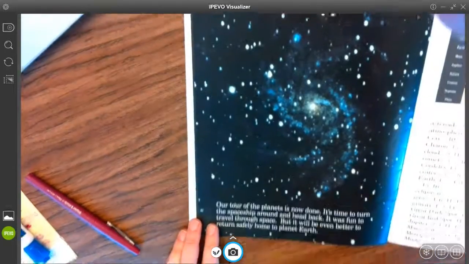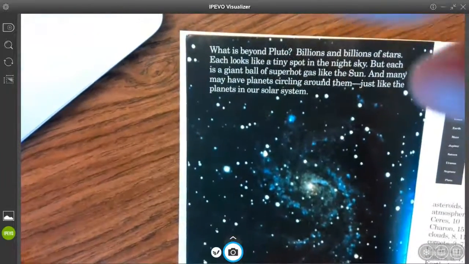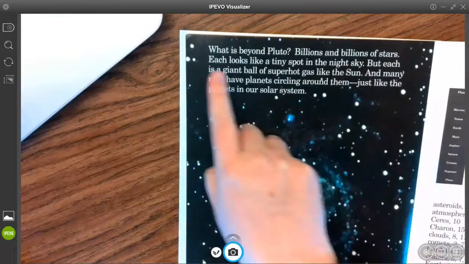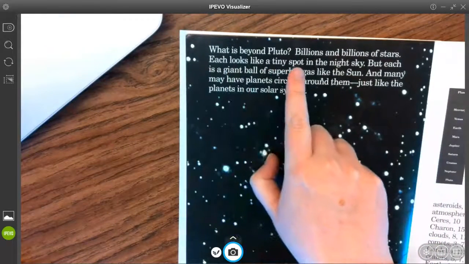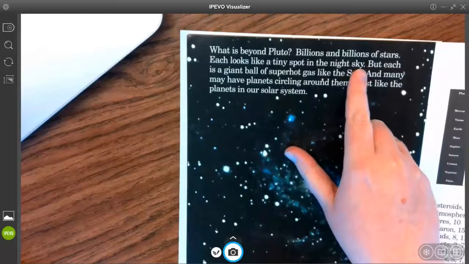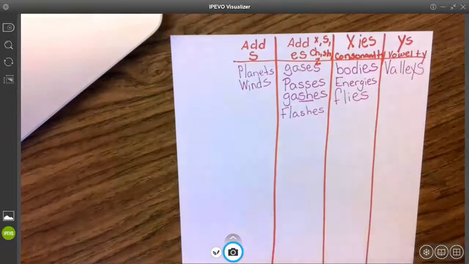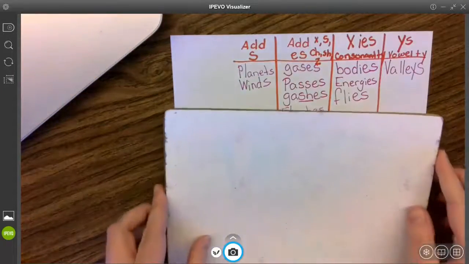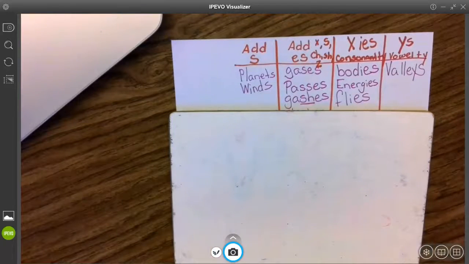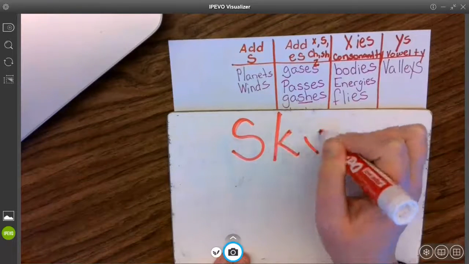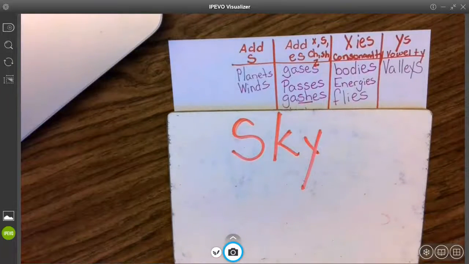Let's look at one more word before we end our lesson, and the word is sky, right here. Each looks like a tiny spot in the night sky. Let's make that skies, okay? Right now it's not plural at all. But we want to make it plural.